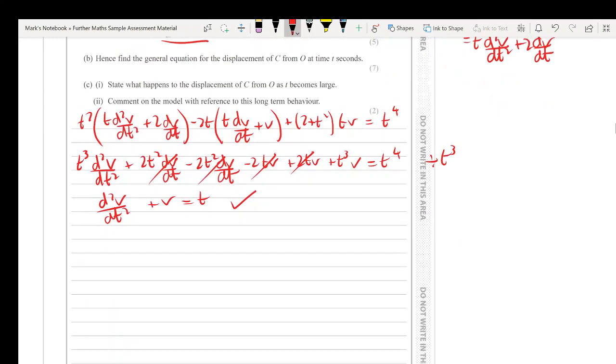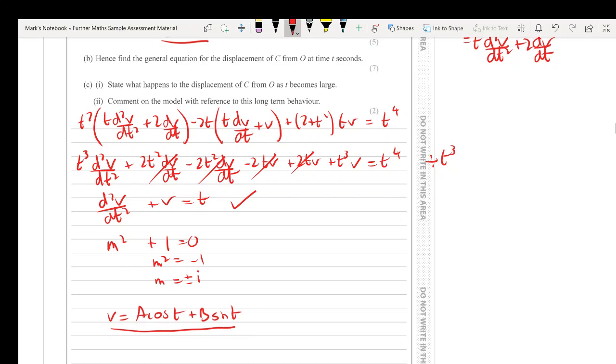So let's solve this. We're going to get the complementary function: m squared plus 1 is 0, and therefore m squared is minus 1, so m is plus or minus i. And if m is plus or minus i, the solution in terms of v and t will be v equals a cos t plus b sin t.